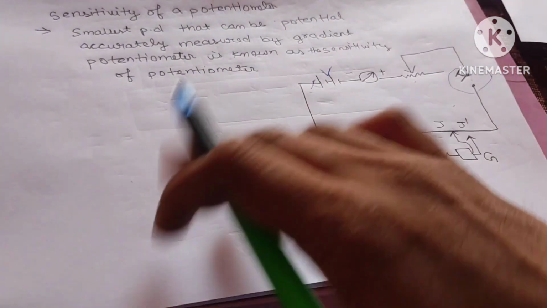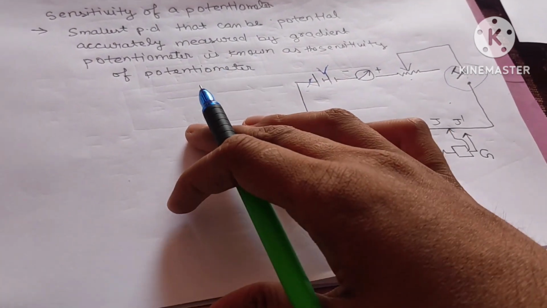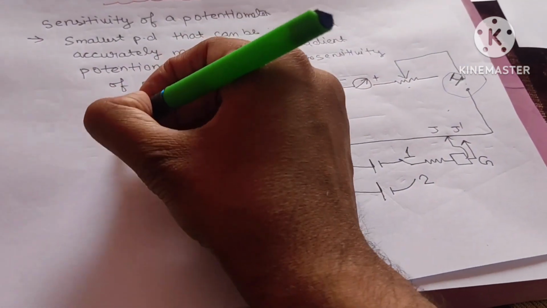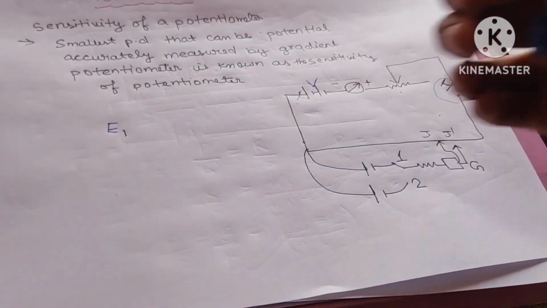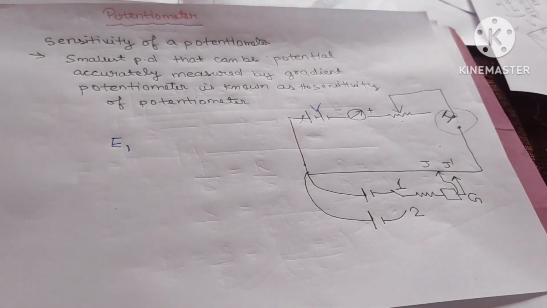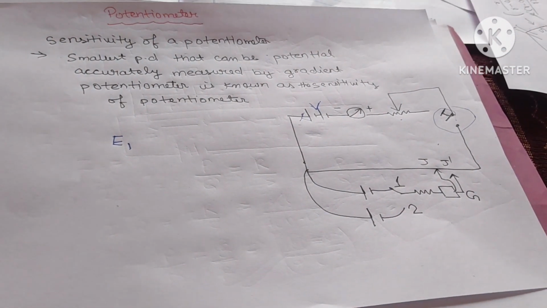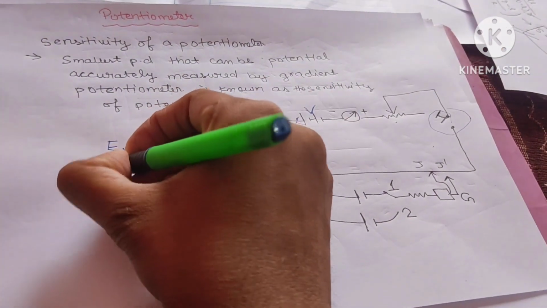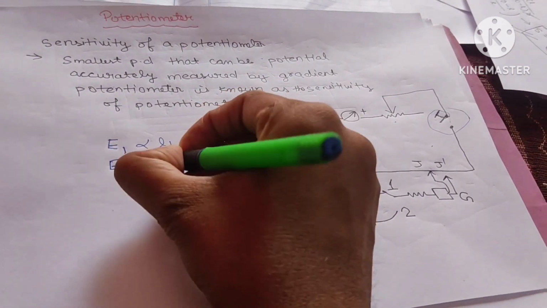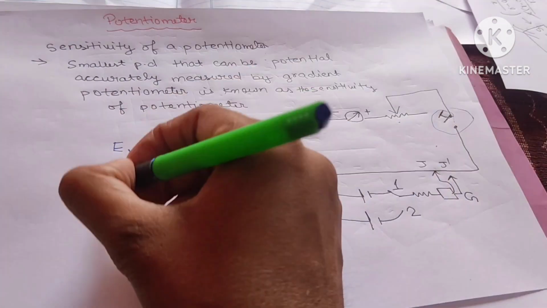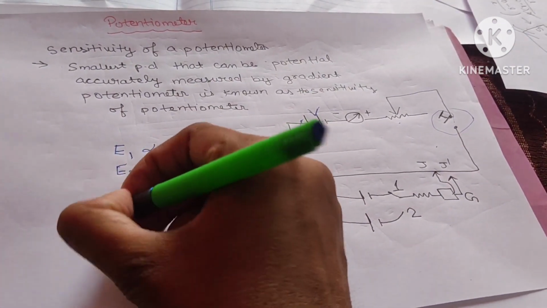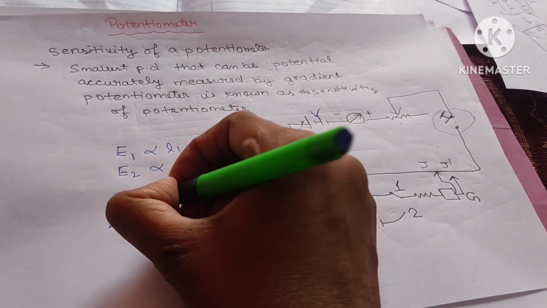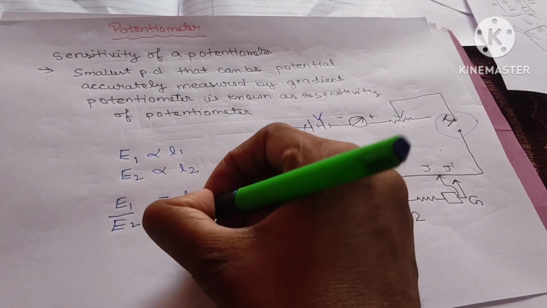So let's go. We should know the EMF E1 is proportional to L1 and E2 is proportional to L2, the length. So E1 by E2 will be equal to L1 by L2.